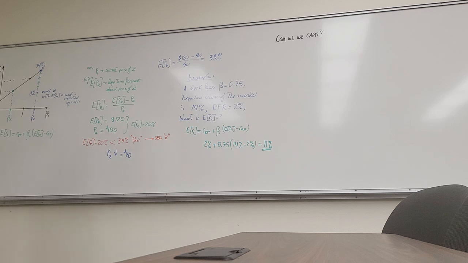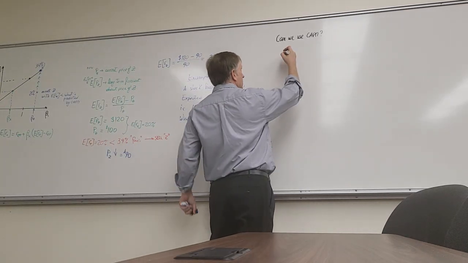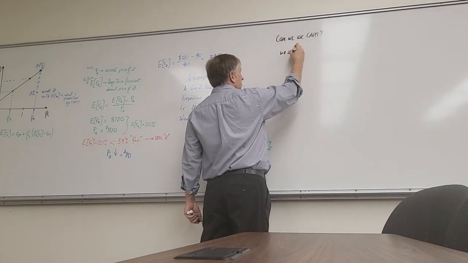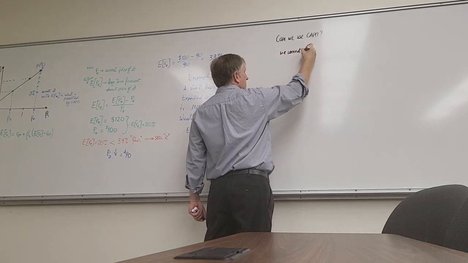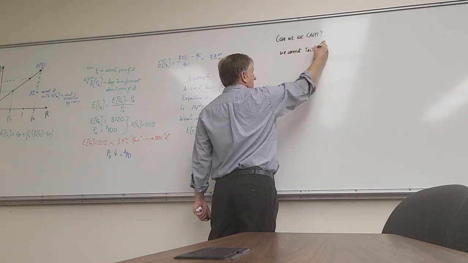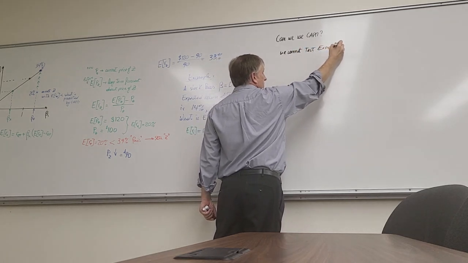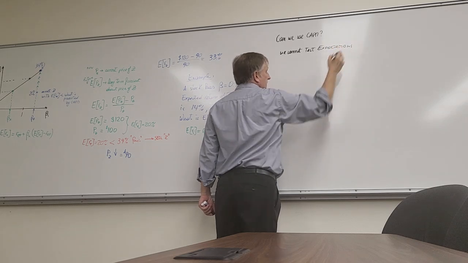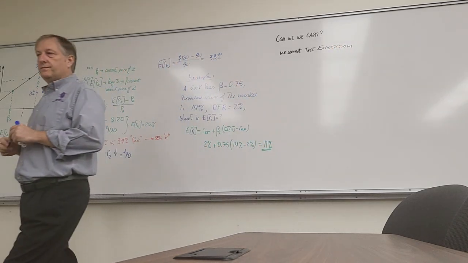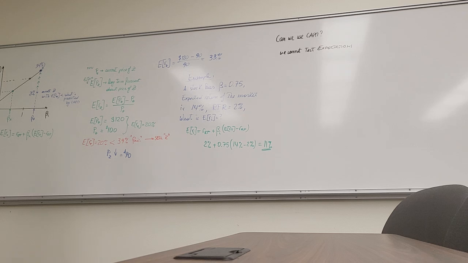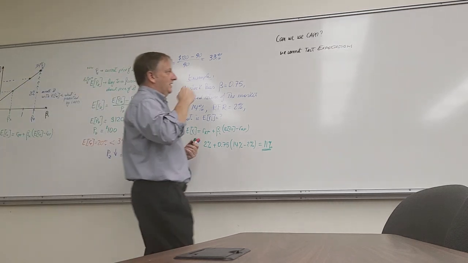So the practical implementation of these is we cannot test expectations. So it's untestable. I don't know what's in your head, right? And sometimes I'm glad that I don't know. So, untestable.